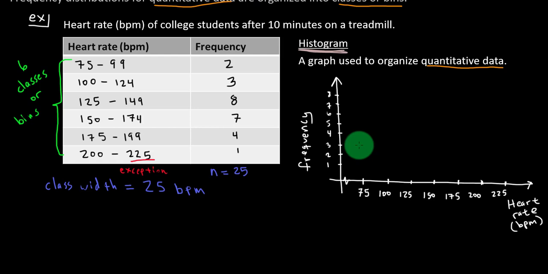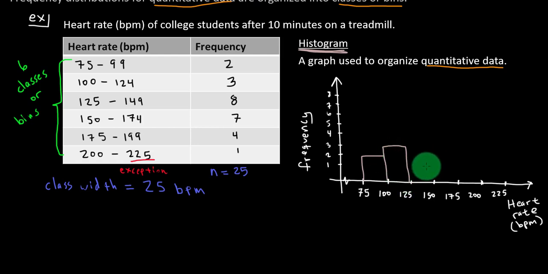It's going to have bars just like a bar graph, but let's see the difference. So 75 needs to go up to frequency of 2. That should do it. The next class, starting at 100, needs to go up to 3. Here's the difference. That bar is going to touch.